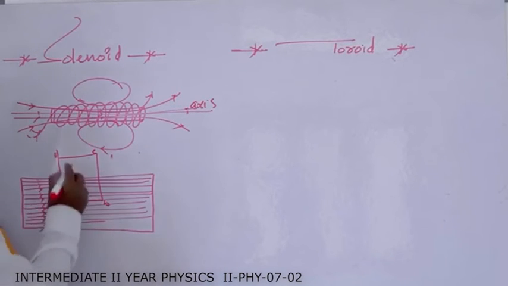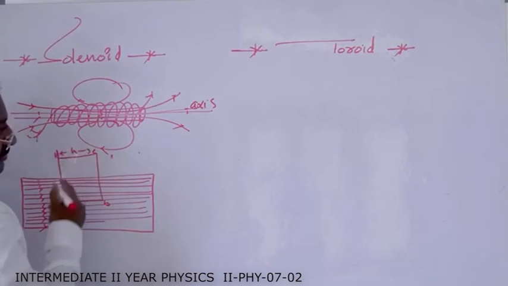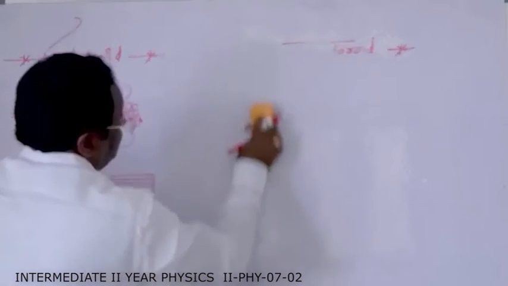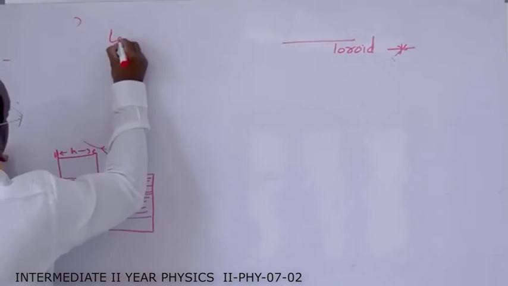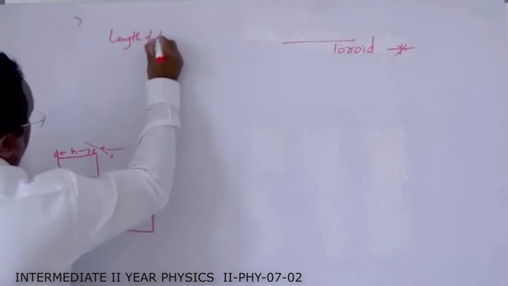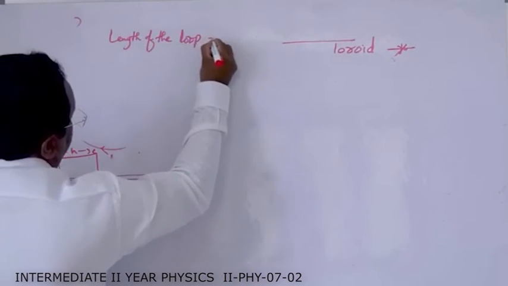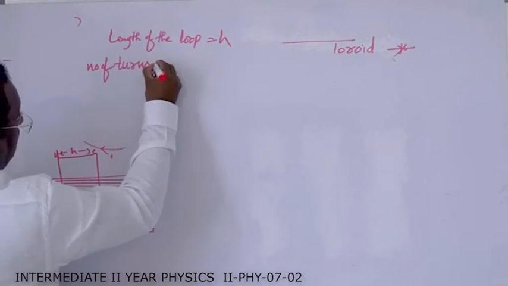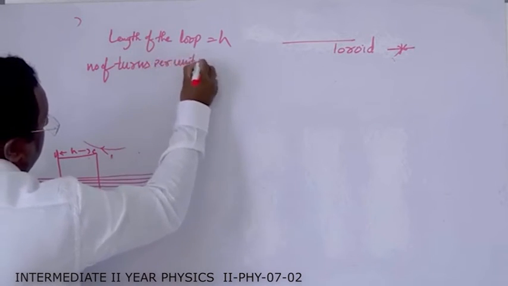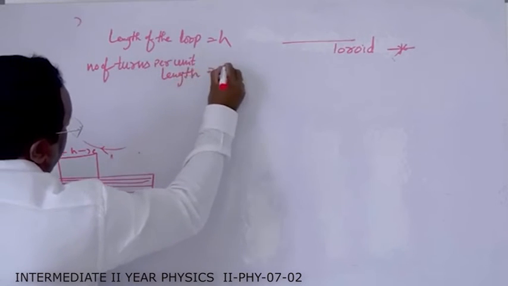The length of the loop is small h. Let n be the number of turns per unit length. What is h? The length of the loop.